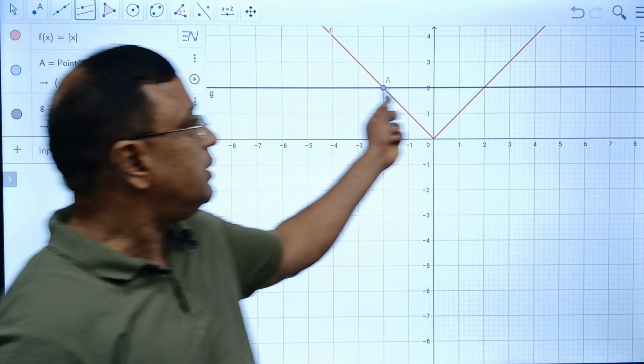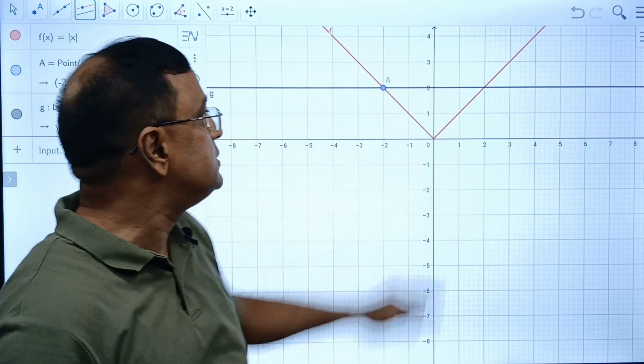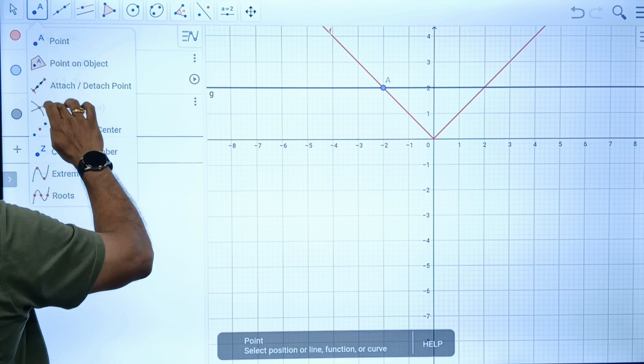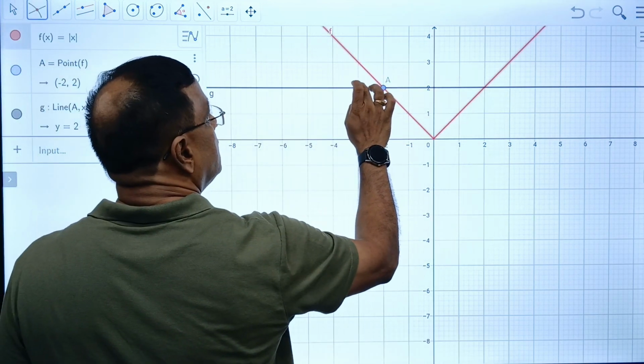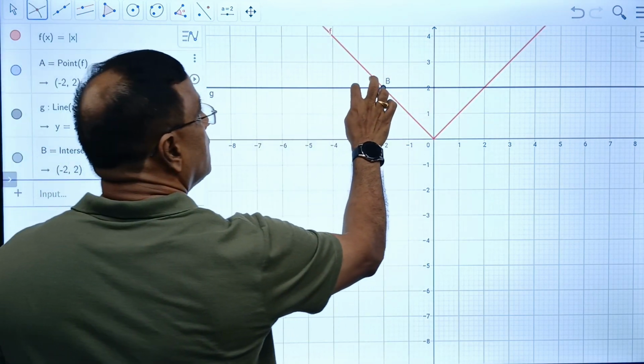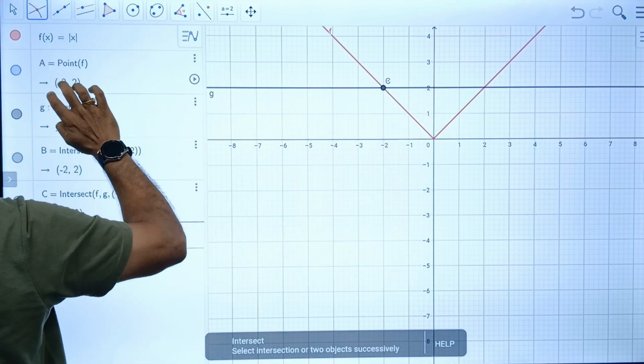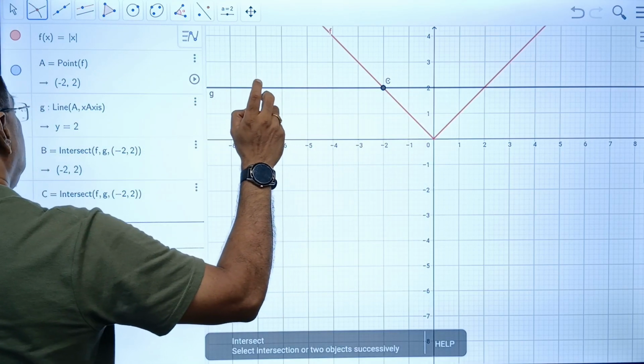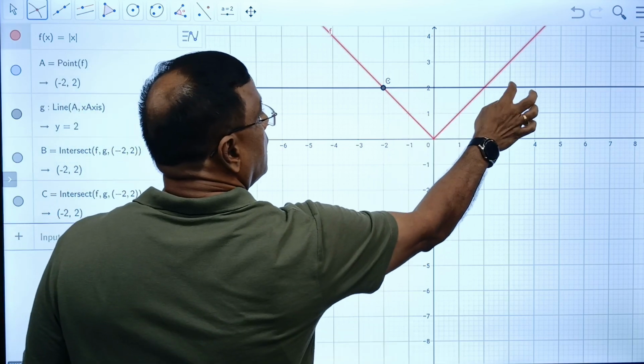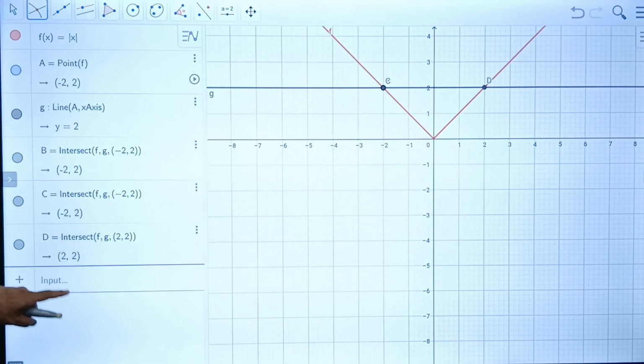Now, if the horizontal line intersects the graph at 2 points, if you want, I can find the point of intersection of this and this. So, I got 2 points. See, it's minus 2 comma 2 and 2 comma 2.